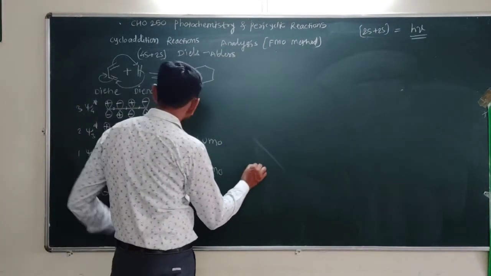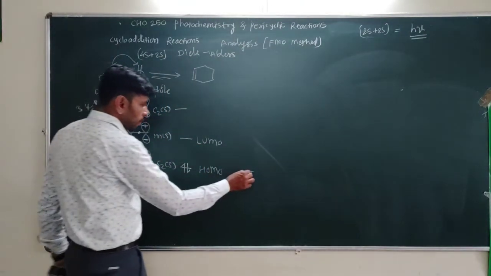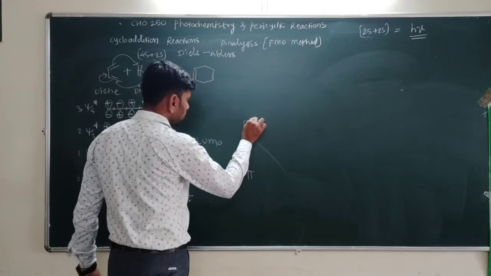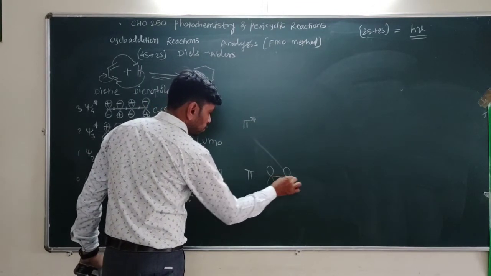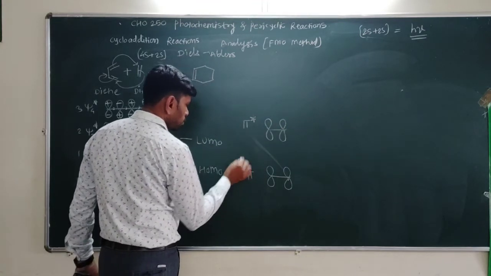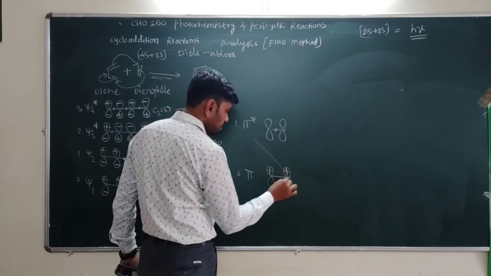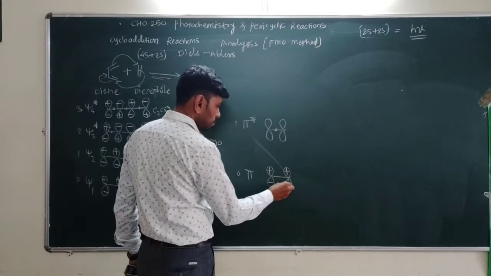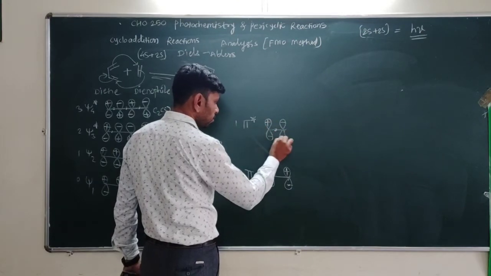Similarly, there is the 2 pi electron system, pi and pi star. These are 2 orbitals, shown in this manner. So 0 node and 1 node placed in between. So plus, plus, minus, minus. Here plus, due to the node, changes to minus.